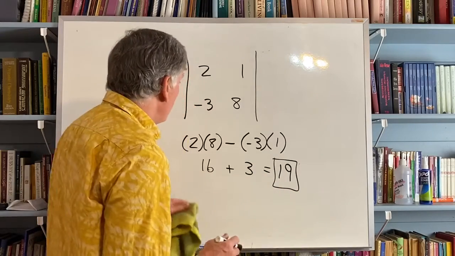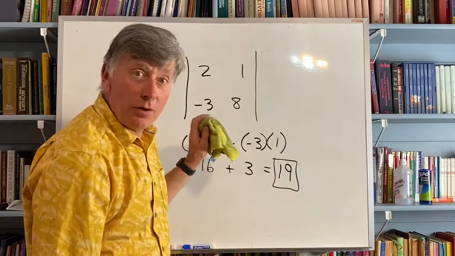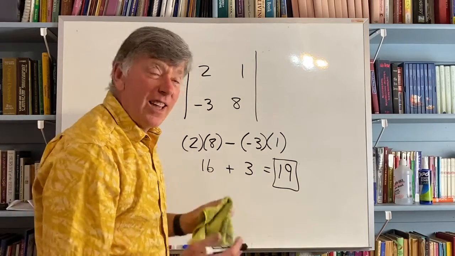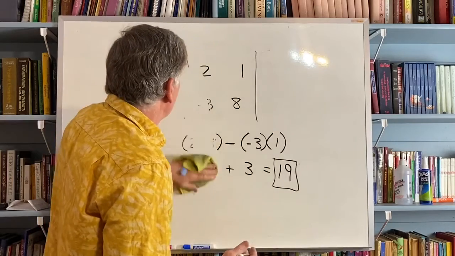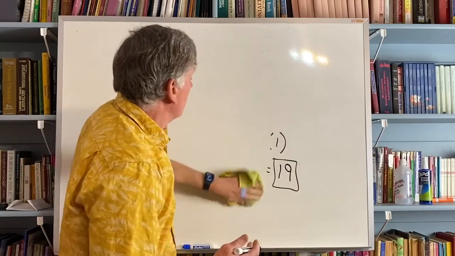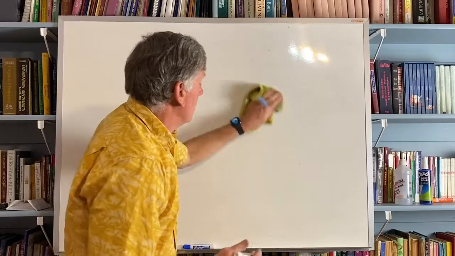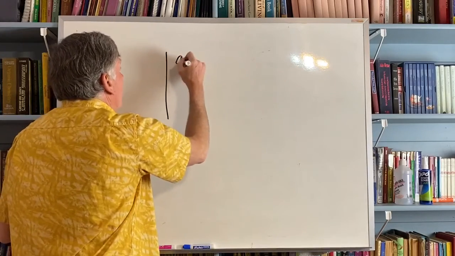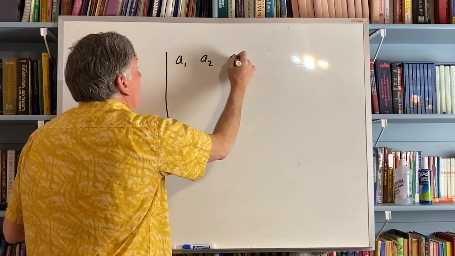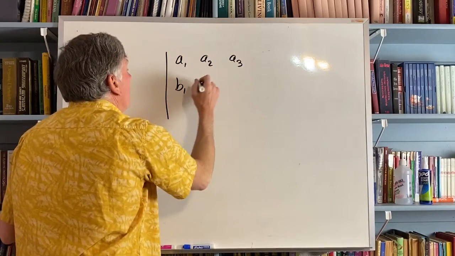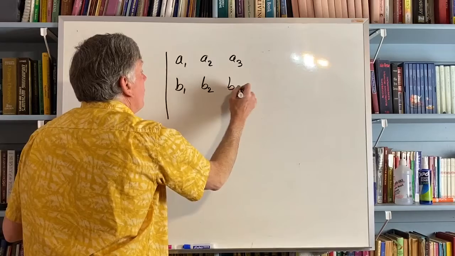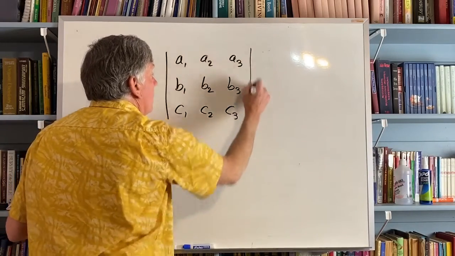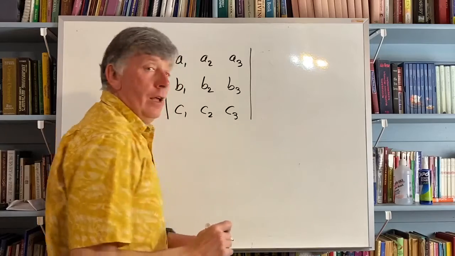With 3 by 3 determinants, they are a little more complicated, but it's a pattern, and it's always the same pattern. Let's suppose I have A1, A2, A3, B1, B2, B3, C1, C2, C3. Draw my line.